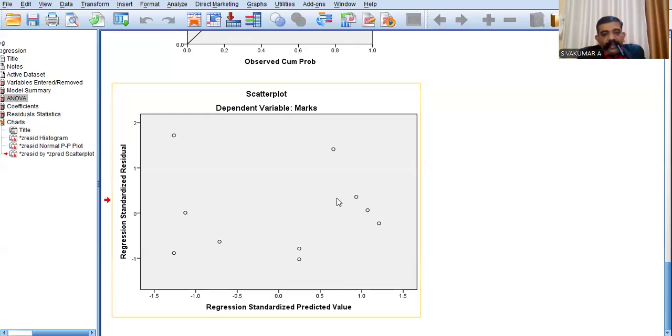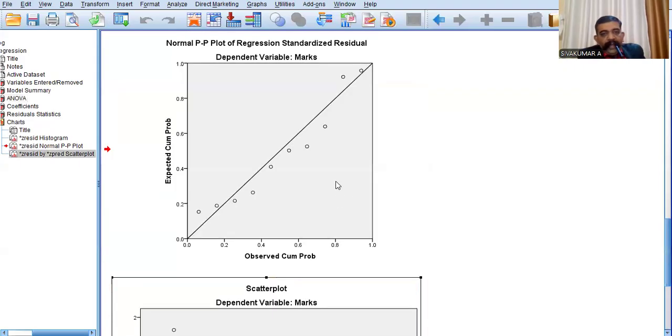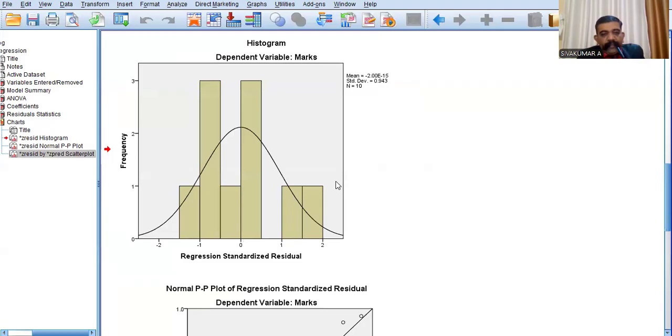Now the normal distribution condition. How can you check? Please see the histogram and normal PP plot. If the histogram shows a bell shape, then your data is normally distributed. In the correlation case, we studied skewness and kurtosis.